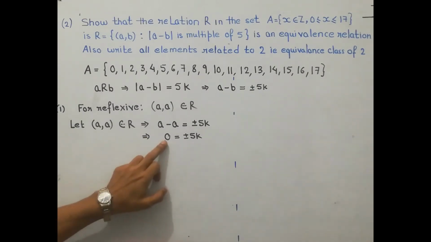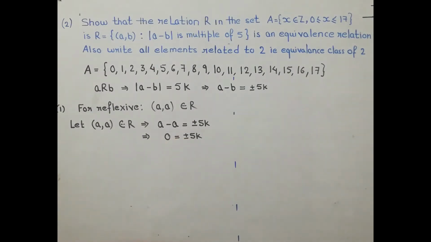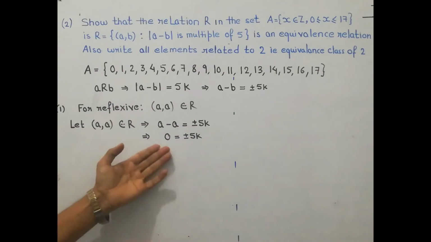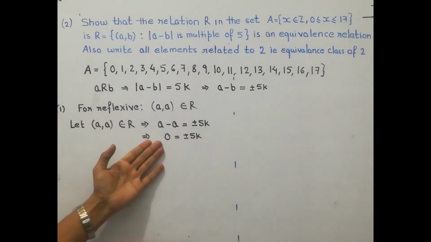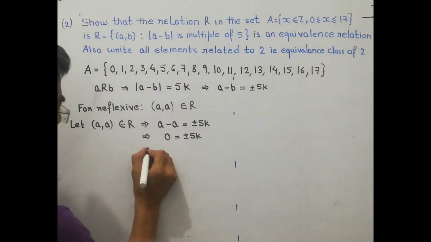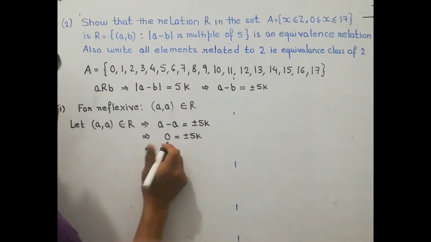Now you can see here this statement is true because 0 can be divided by 5. Or you can say that we know that 0 is a multiple of any number. So here 0 can be divided by 5, so that means the statement is true.